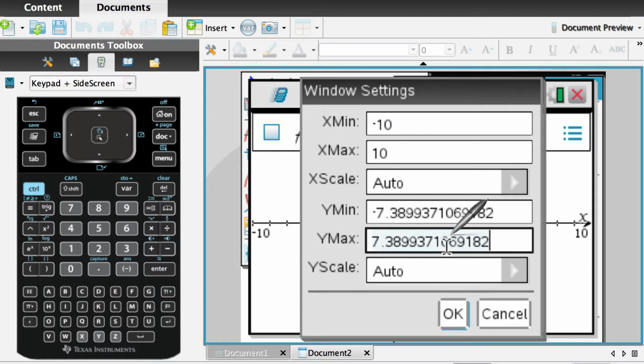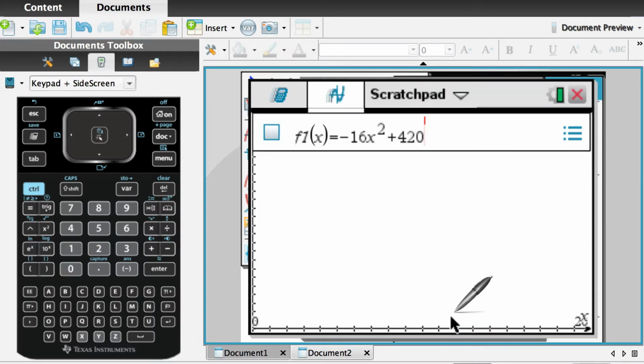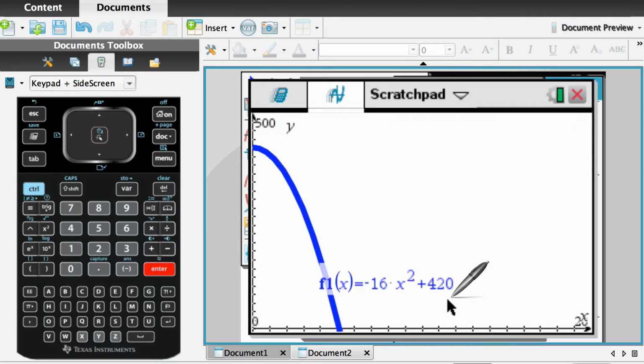Of course, that's not going to work. So why don't we make it 500, and our x is time, so we know that it's not going to take a whole lot of time for this ball to fall to the ground, not even 20 seconds, but we'll just throw that in there. And we will hit enter, and we see this ball falling straight down to the ground.